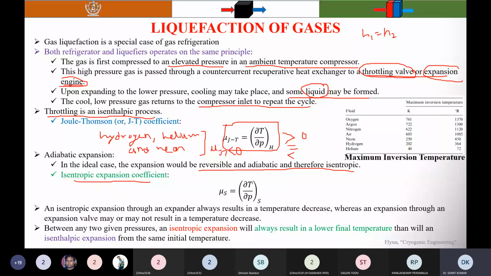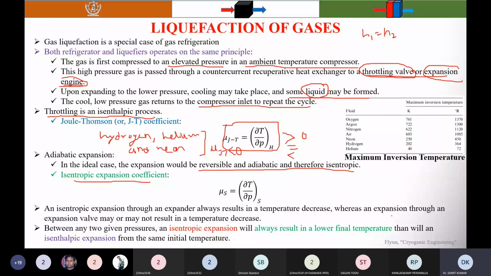An isentropic expansion through an expander always results in a temperature decrease. If you remember, when gas expands its temperature decreases, whereas an expansion through an expansion valve may or may not result in a temperature decrease. That is what I discussed.